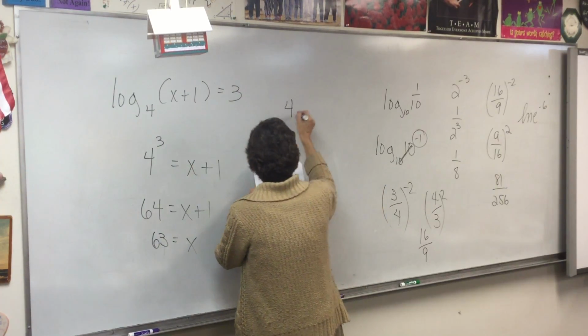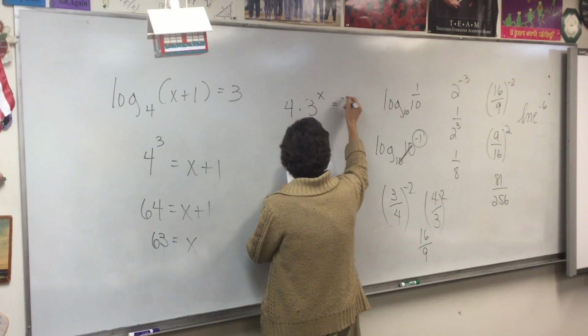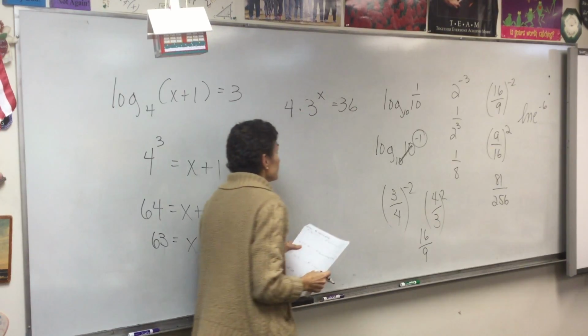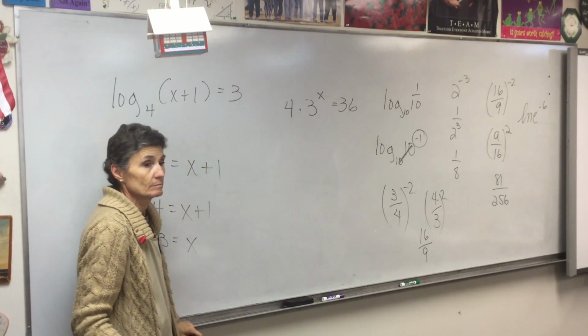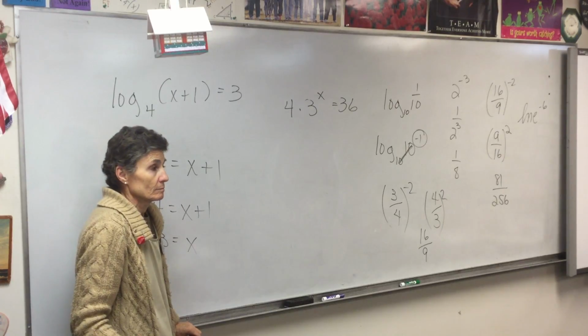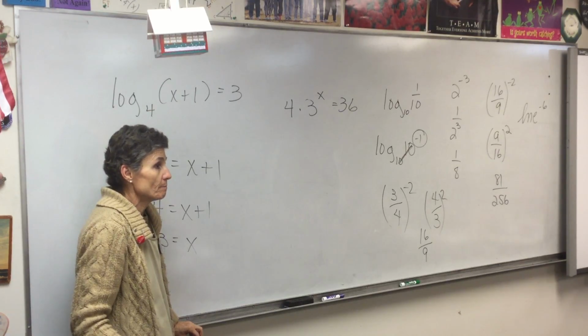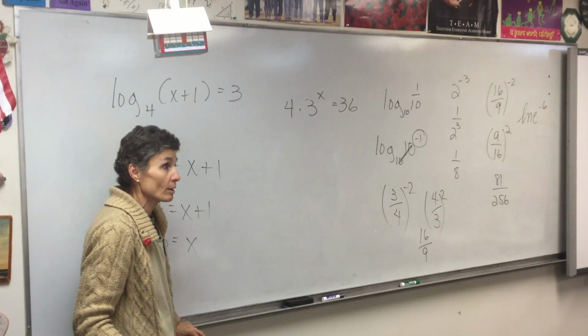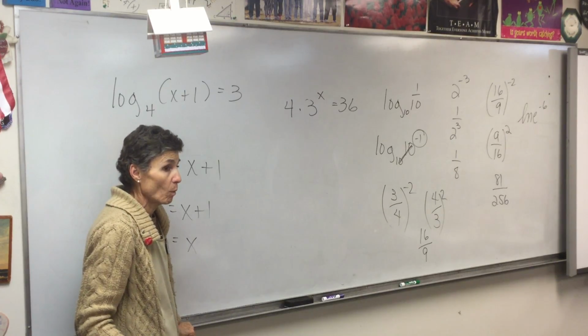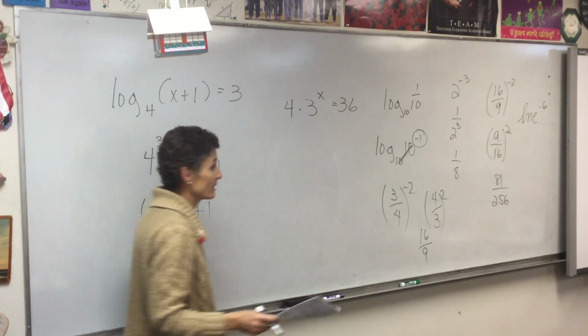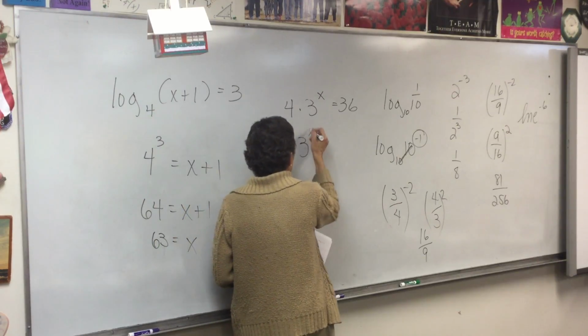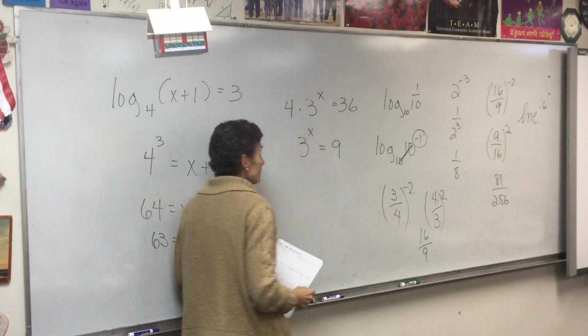All right, let's look at B. Step 1, divide by 4. Get that 4 out of there. So 3 to the x equals 9.